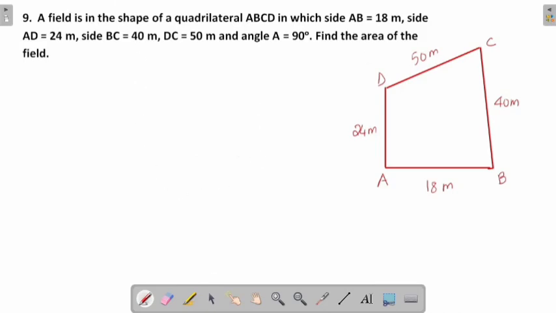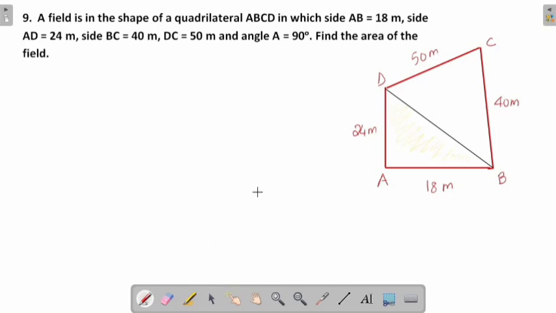For that, see here carefully, we will join these two points first. When you join, you get this particular thing. Now I want you to observe this particular triangle. What kind of triangle is this?